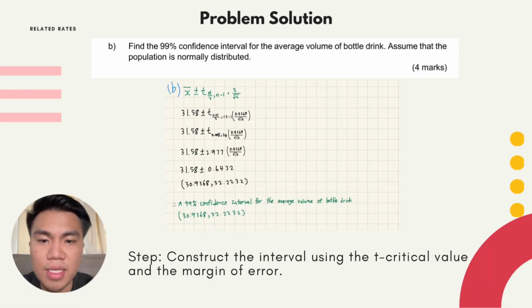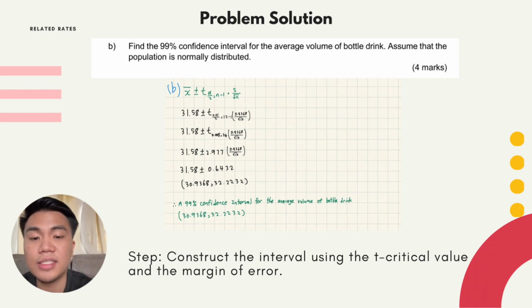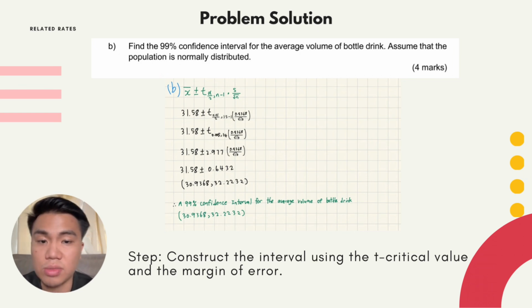For part B, I found the 99% confidence interval for the average volume. I started by writing the T interval formula: mean plus minus T alpha over 2, n minus 1, times S over square root of n. In the next line, I substituted my values. Mean is 31.58. For a 99% interval, alpha over 2 is 0.005.